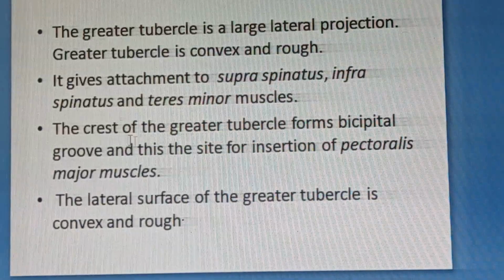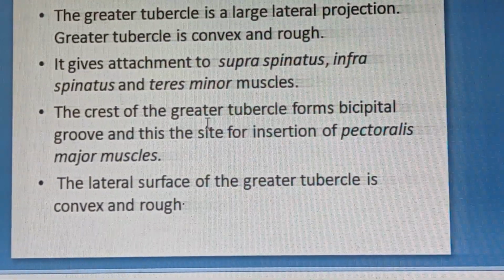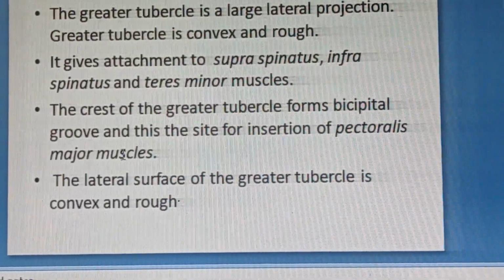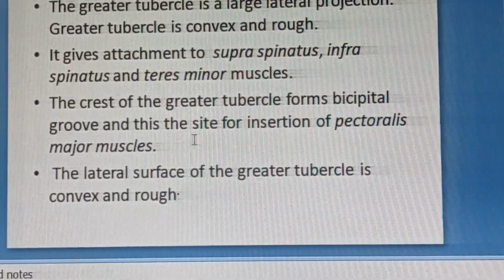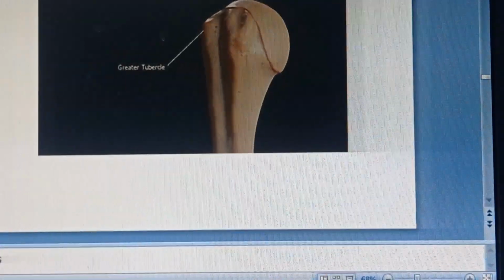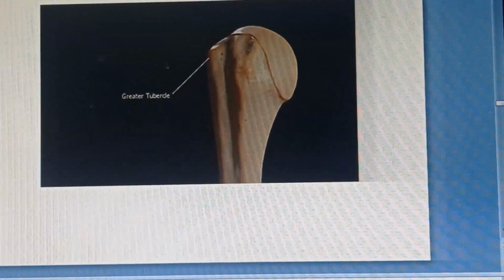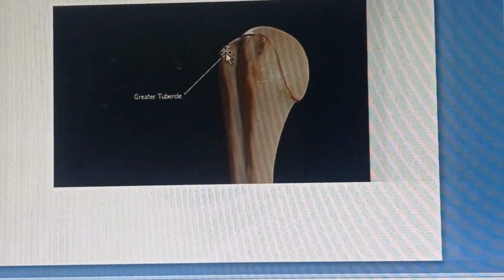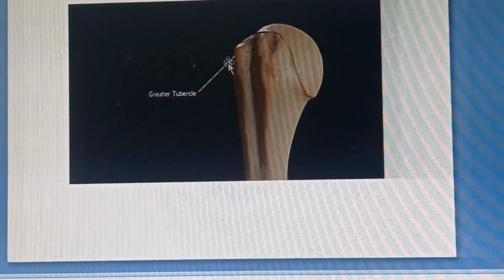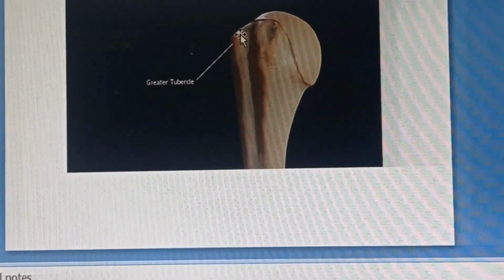There is a crest in the greater tubercle which forms the bicipital groove, and this is the site for the attachment of the pectoralis muscles. Pectoralis muscles are the chest muscles. This rough area is called the greater tubercle, to which three muscles are attached.